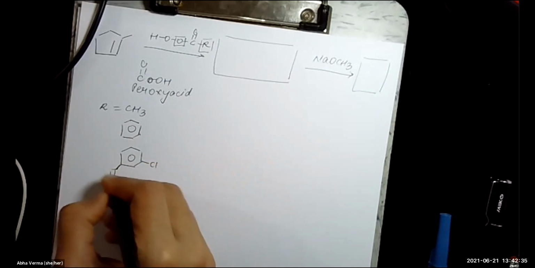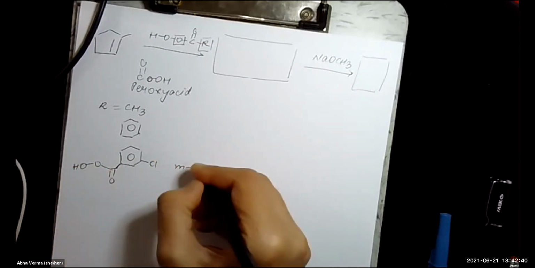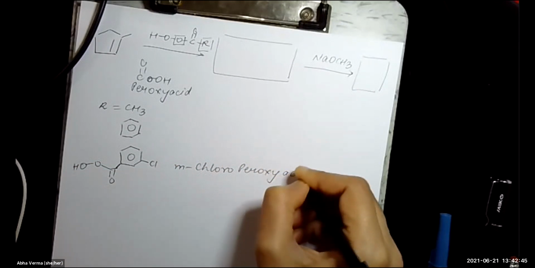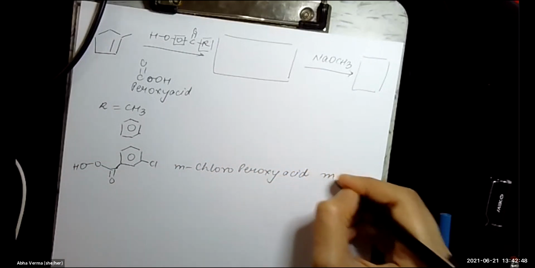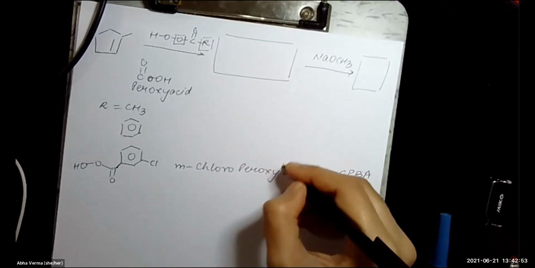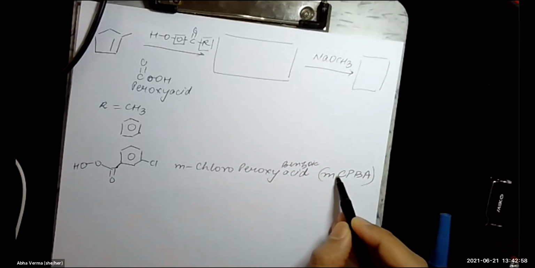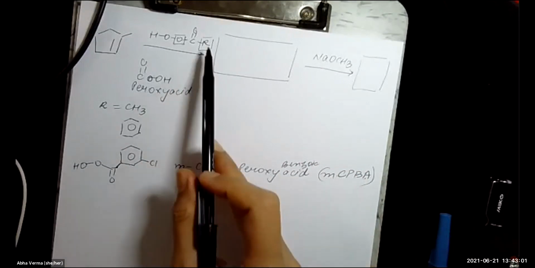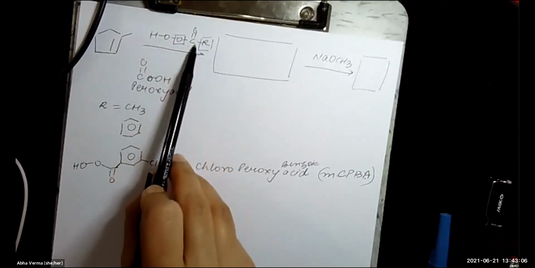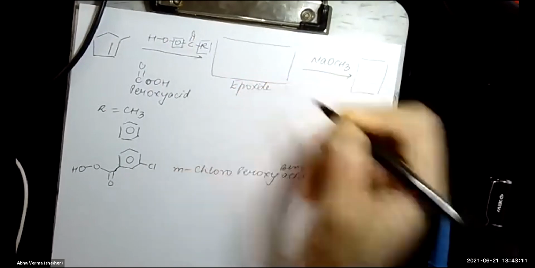So a meta-chloro peroxybenzoic acid, commonly known as MCPBA. You don't need to know the name of this, but you should definitely know the abbreviation for it. Anything with this bulk should give you an indication that an epoxide will be formed.